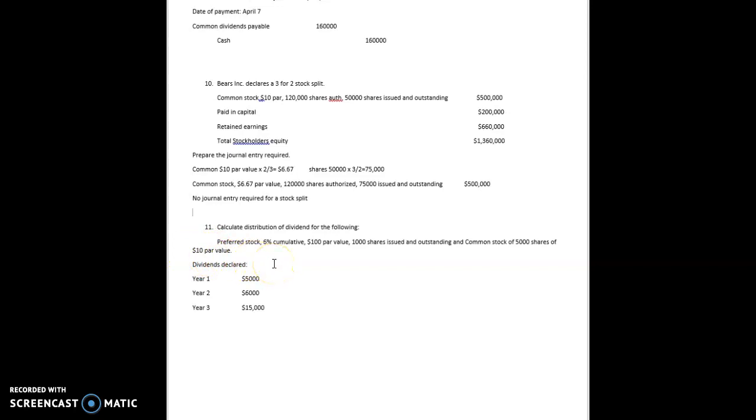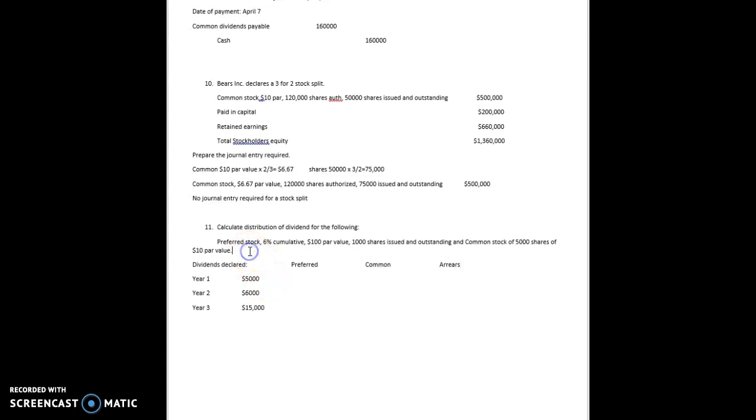So it gives us different years, and it tells us for year 1 they declared a $5,000 dividend, year 2 is $6,000, and year 3 is $15,000. So they want us to determine who gets what. So we're going to look at preferred, we're going to look at common, and because the preferred is cumulative, we also have to factor in if there's any arrears each year so that we can keep track of what we have to pay.